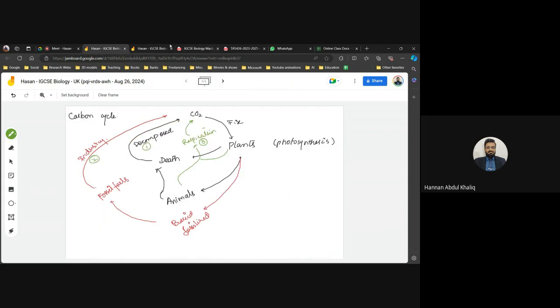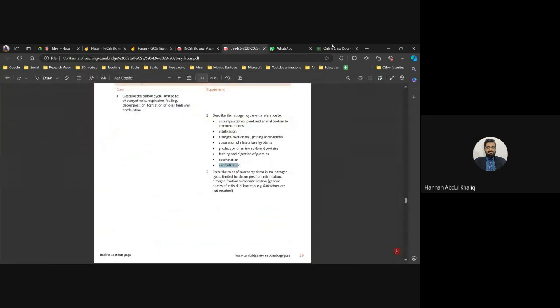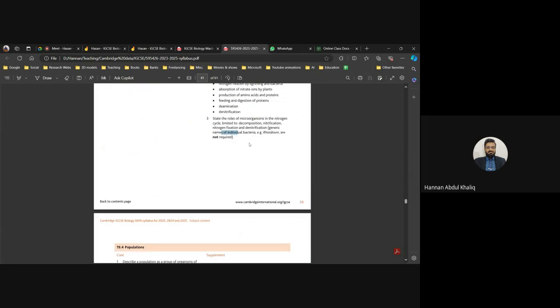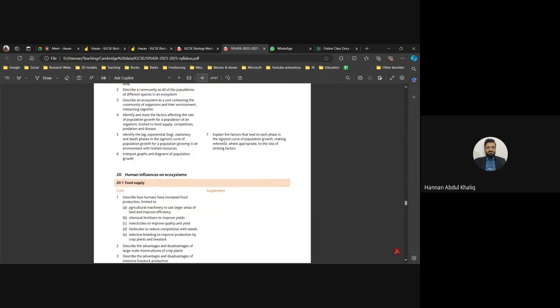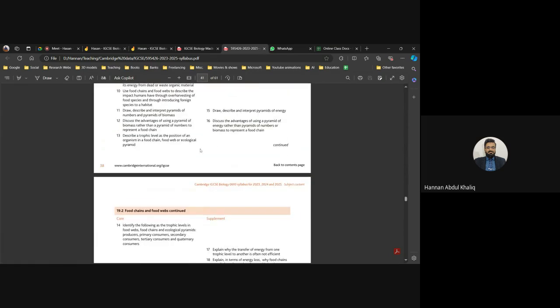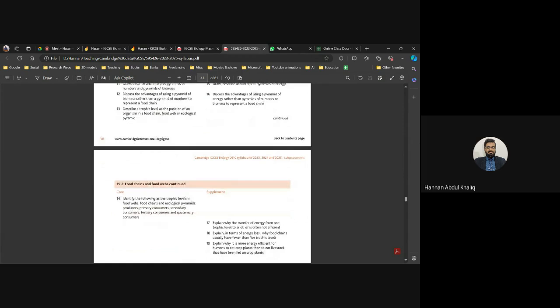Okay, so now that we are done with the role of microorganisms in these procedures, names of the bacteria are not required. We have said where they are involved. Everything clear? Okay. Now, moving on, everything is covered here. Transfer of energy, energy loss, why it is more energy efficient for humans to eat crop plants.